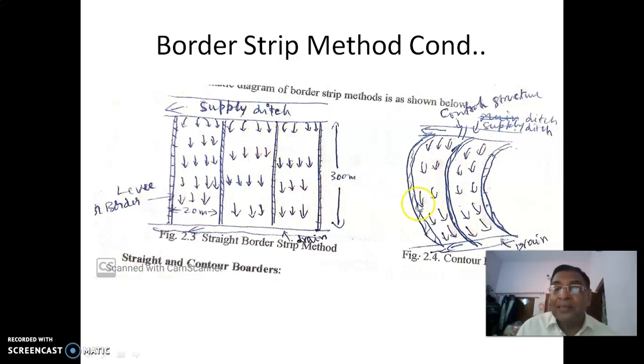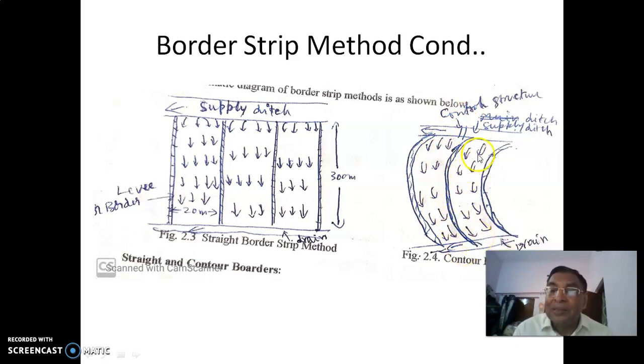But when the land is not so level, it is highly undulating and the slope is very quickly changing, then you should resort to contour border irrigation. Again here, these contour border strips are prepared. You can see this is the slope direction of the land. Across that you have to prepare. Okay, this one. So there will be a drain.